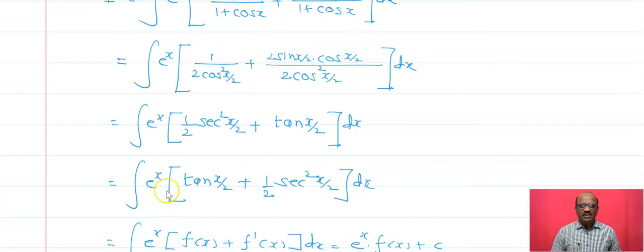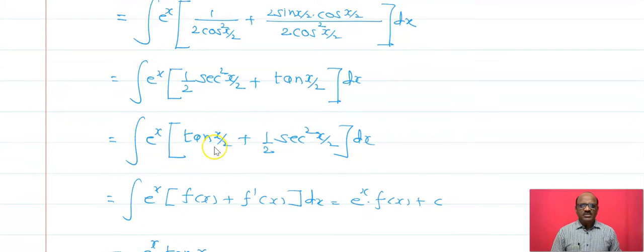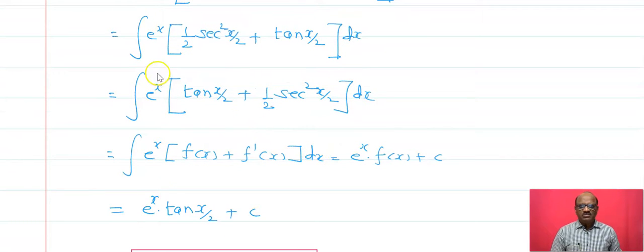Therefore, integral e raised to x (tan of x by 2 plus 1 upon 2 sec square x by 2). Now see this here. Suppose tan of x by 2 is f of x and this is its derivative. What is the derivative of tan of x by 2? It is sec square x by 2 into 1 upon 2.